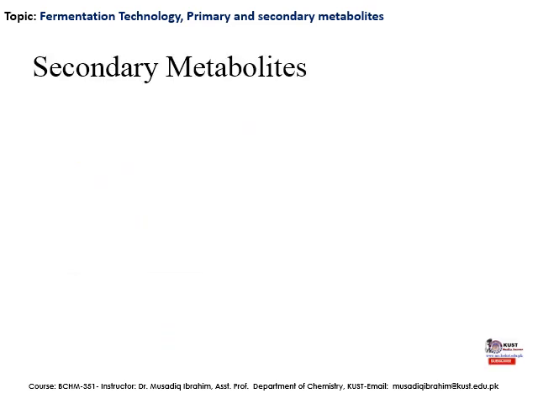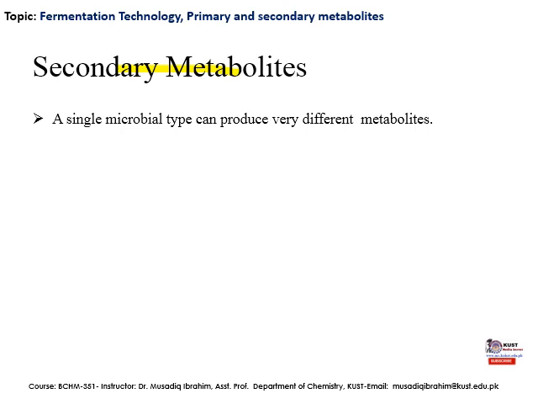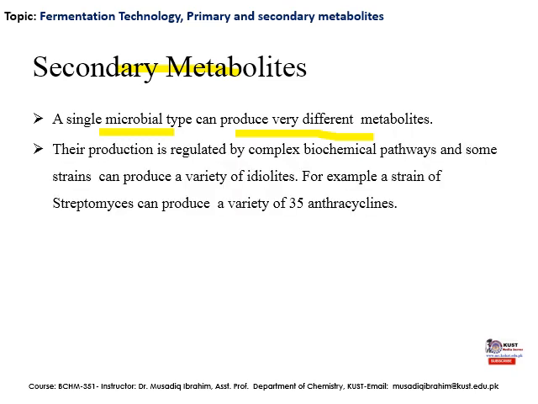Now, secondary metabolites are very complex metabolites, and a single microbial type can produce very different metabolites which can be used for different purposes, either in the cosmetic industry or in the pharmaceutical industry.